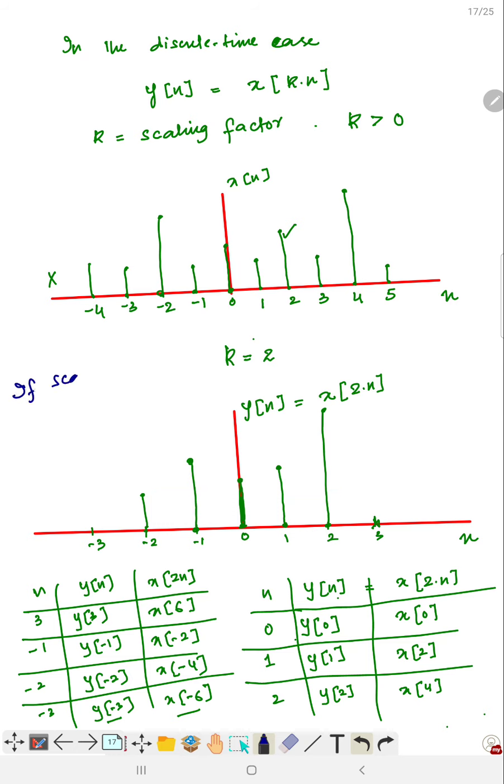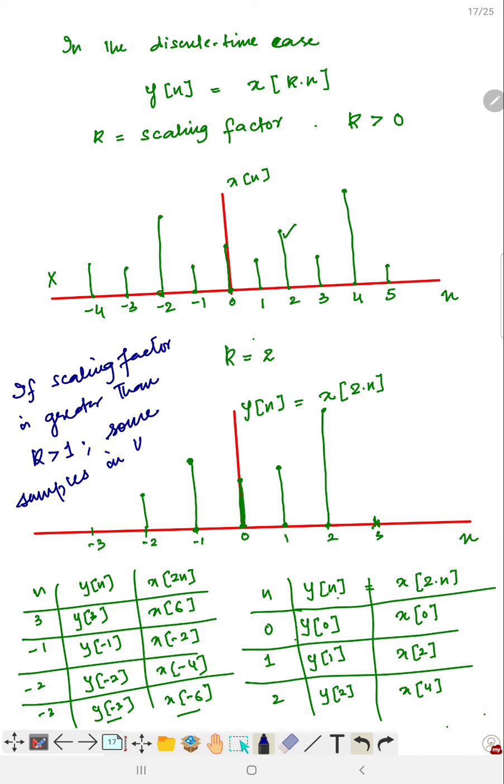If the scaling factor is greater than 1, that is k greater than 1, and since k is an integer, it can only have values like 2, 3, 4, 5, 6, then some samples in the original signal will be lost, like in the example we just did.